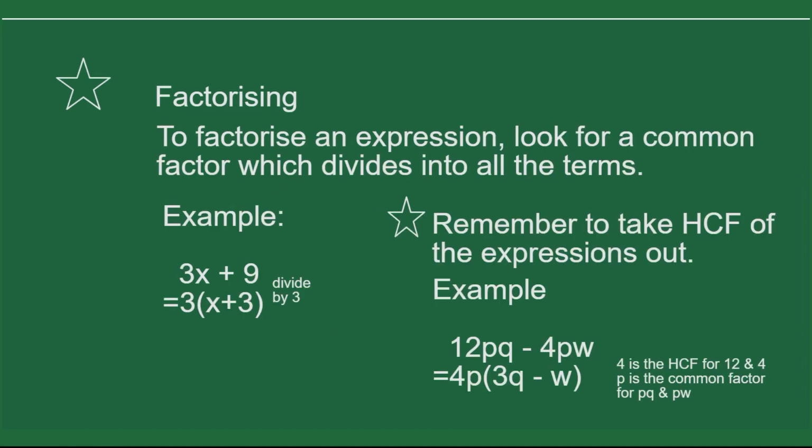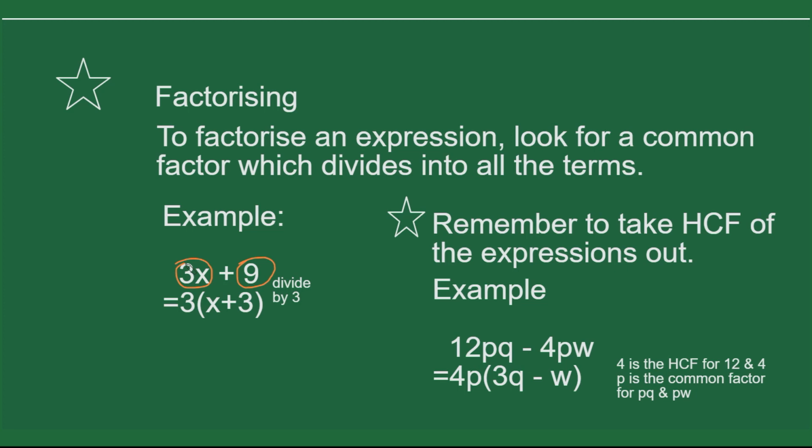Factorizing. To factorize an expression, look for a common factor which divides into all the terms. For example, 3x plus 9. If you want to factorize this one, both terms, the 3x and the 9, can be divided by 3.